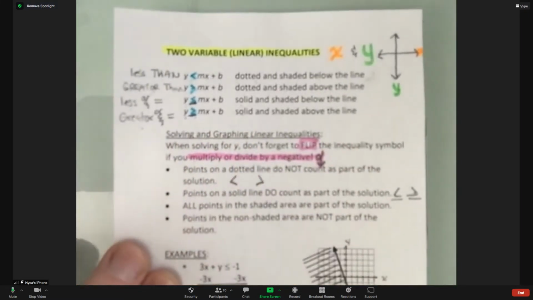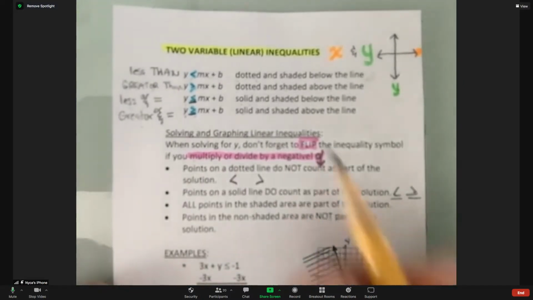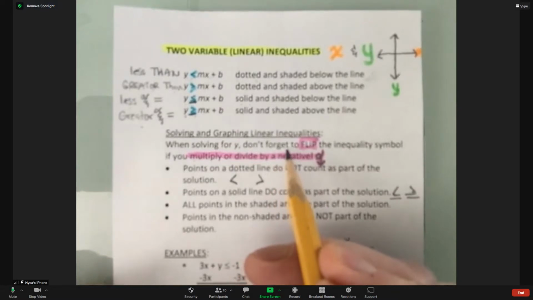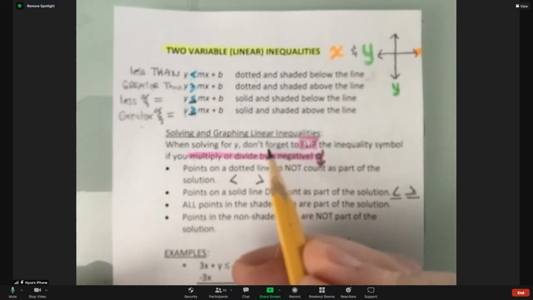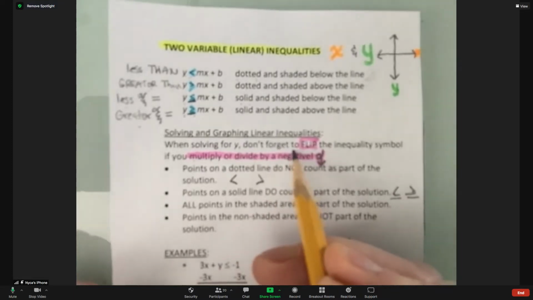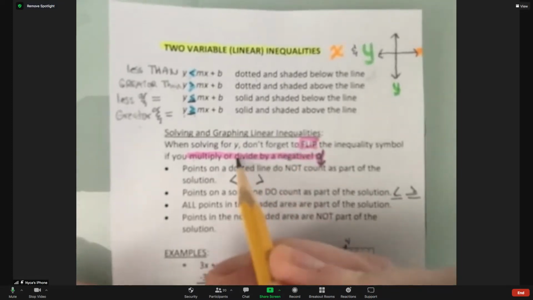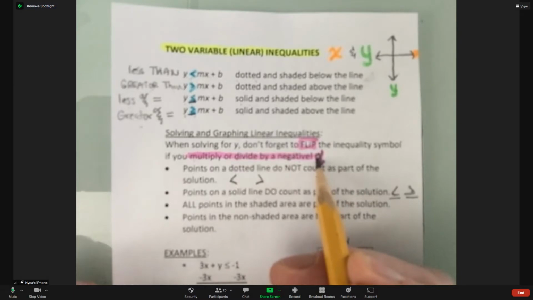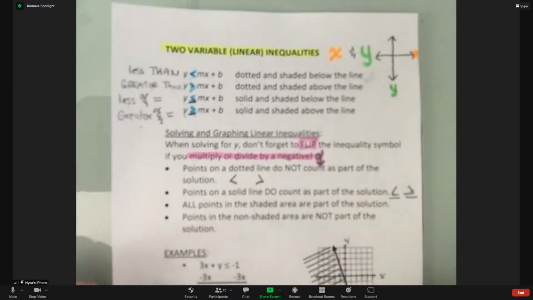So looking at it a little more in depth and remembering the rules when solving inequalities, recall when adding and subtracting, there's no difference. You treat them just like you would equations. However, if you're doing multiplication and division and you have to break that negative from the variable and move across the inequality sign, you must flip or reverse the symbol.